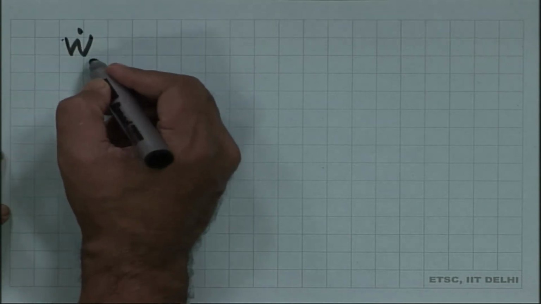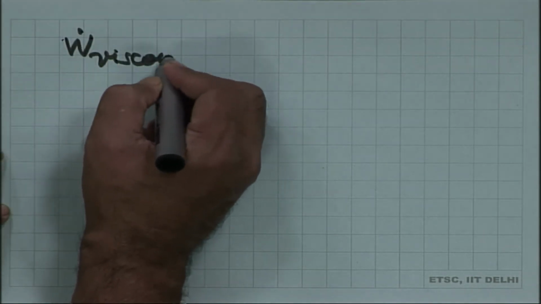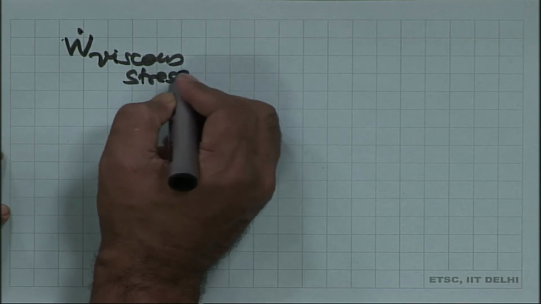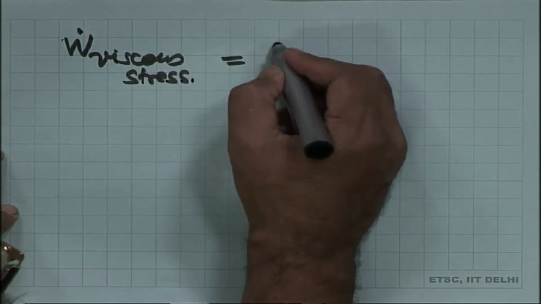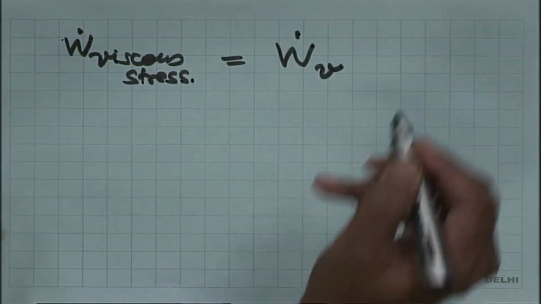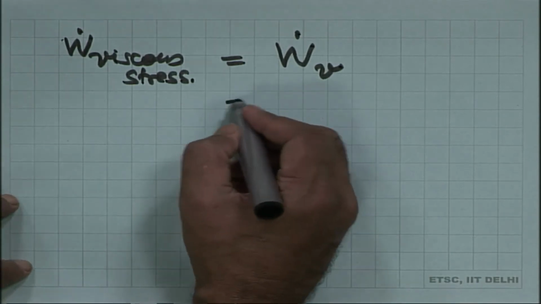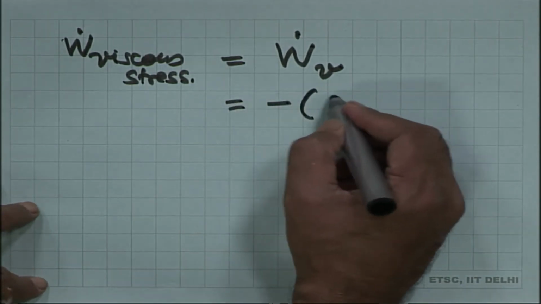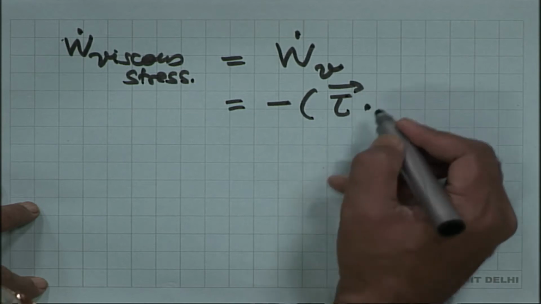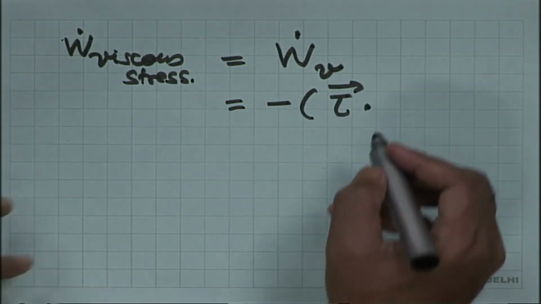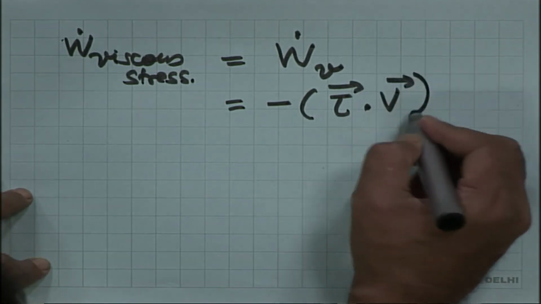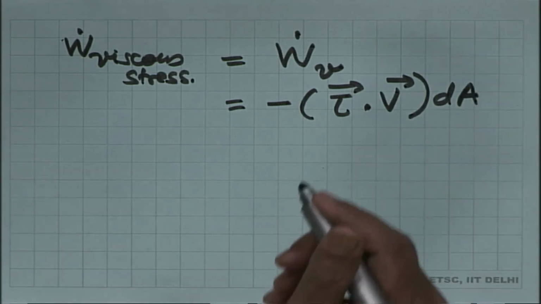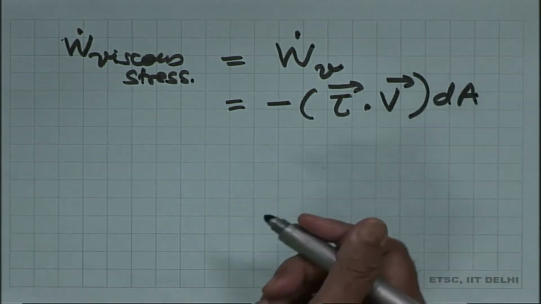work done by viscous stresses, let us write this as W dot V, and this will be equal to minus of the viscous stresses, let us represent the force due to them as tau dot V dA. This is the general expression I have written.